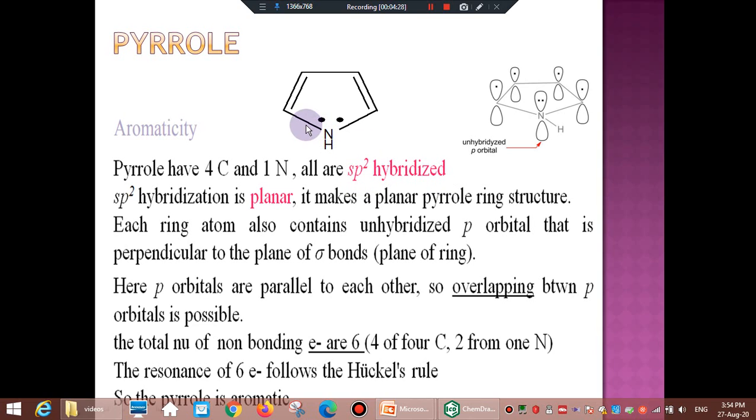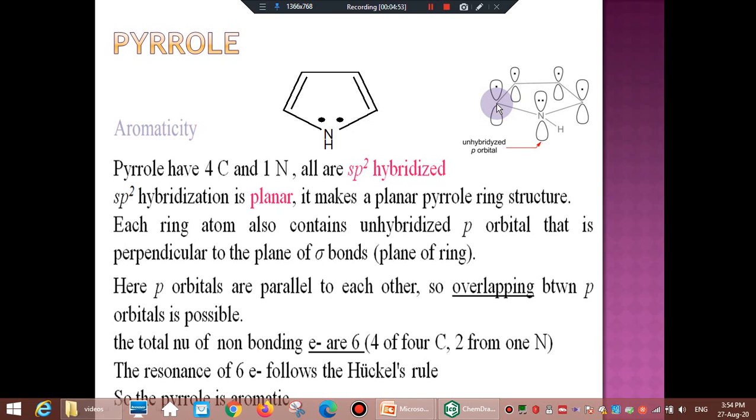That means each of the 4 carbon atoms and the 1 nitrogen contains 3 sp2 hybrid orbitals and 1 unhybridized p orbital like this.